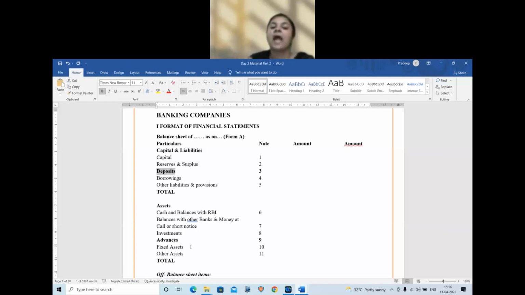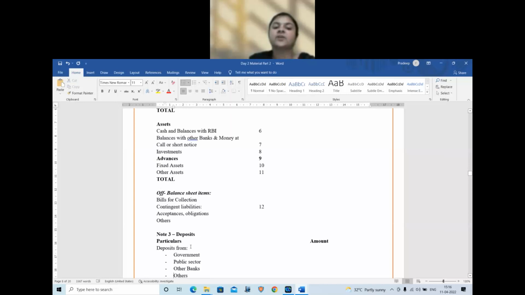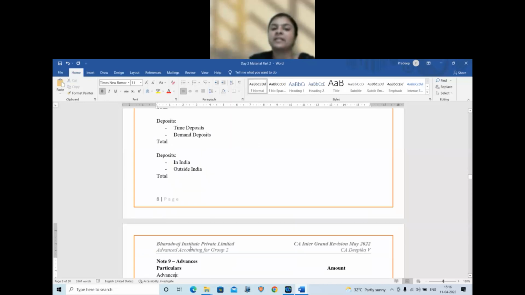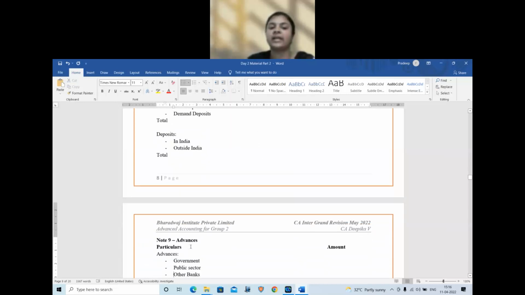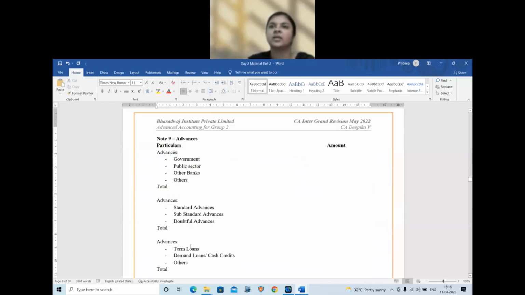And advances refers to the loans extended by the bank to the common public. The details of how schedules 3 and 9 need to be presented are also given to you for reference. You can go through it.